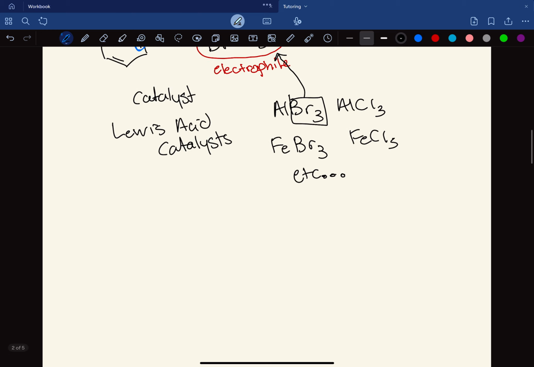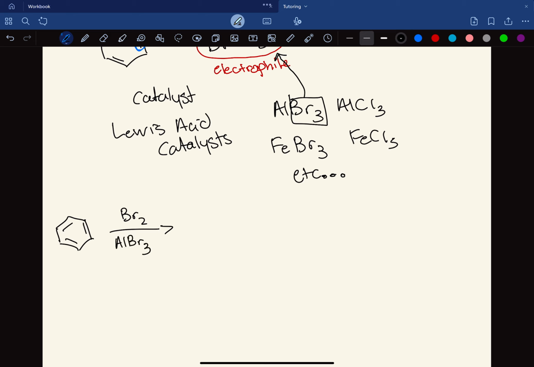So this is how the reaction would look. You have benzene reacting with, again we'll use Br2, but it's the exact same for chlorine, and we'll have AlBr3.